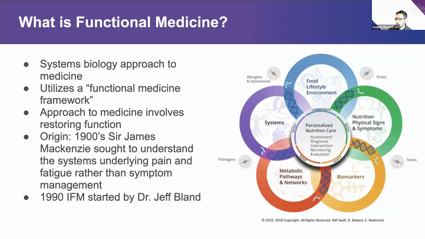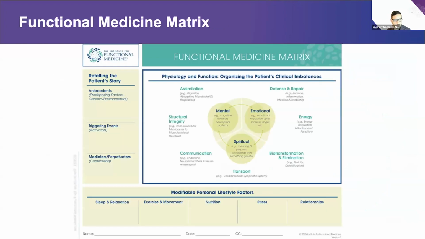Since then, natural medicine evolved, and the Institute of Functional Medicine, which was the more formalized training for functional medicine, was started by Dr. Jeffrey Bland, who was my commencement speaker at my medical school. And it's since taken off.